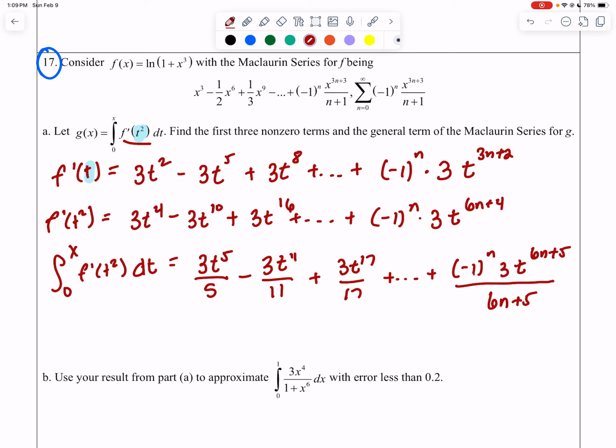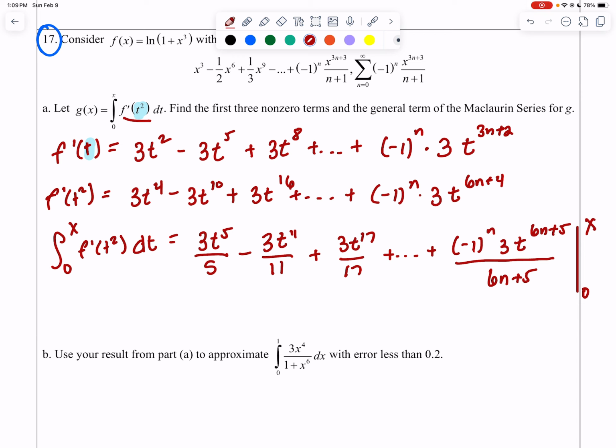Now, remember that this is still bounded from 0 to x, so we are just going to use FTC 2 and plug in x. 0 doesn't really matter just because this is centered at 0. So my final answer is going to be 3x to the 5th over 5, minus 3x to the 11 over 11, plus 3x to the 17 over 17.